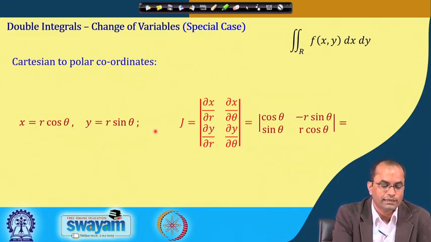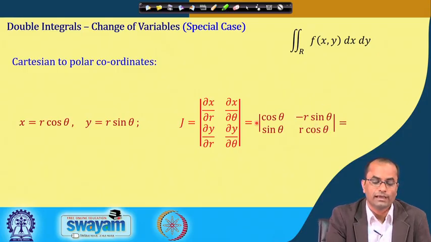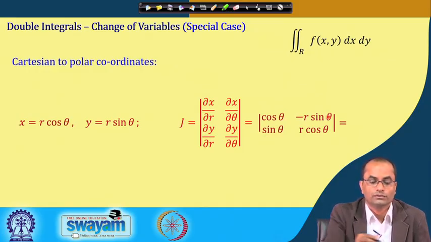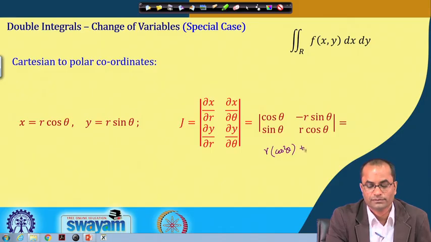Here del y over del r will become sin theta, and del y over del theta will become r cos theta. And now the value of this determinant will be r cos square theta plus r sin square theta, and when we take r common, minus minus plus, this is r cos square theta plus r sin square theta, and this is nothing but r.